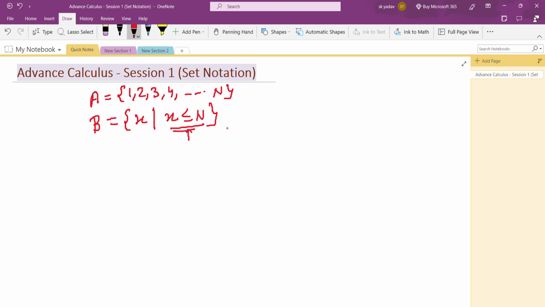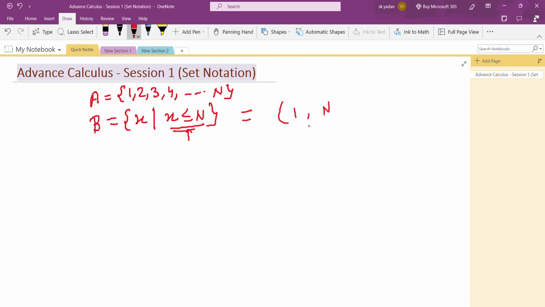There is one more representation, but normally we do not call it a set, but let me tell you. Sometimes people call it the interval notation. So what exactly is the interval notation? In this case we are saying that x starts from one value and goes up to the value of n.